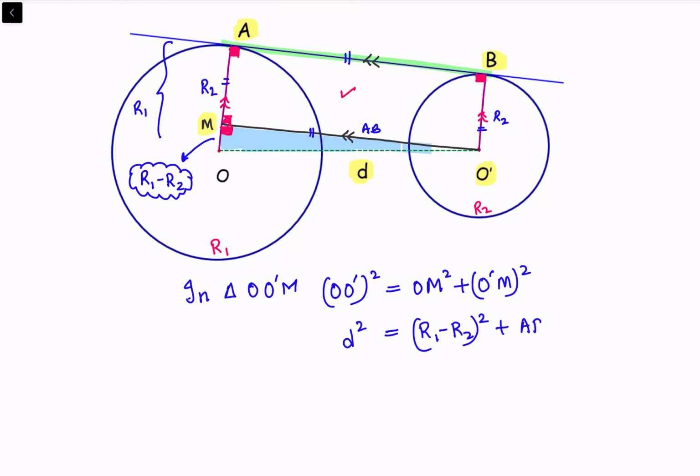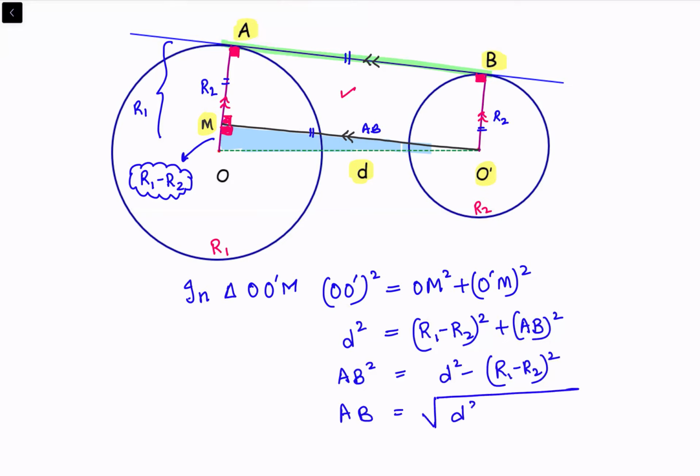So we'll say AB square is d square minus (R1 minus R2) whole square. And AB is the square root of d square minus the square of the difference of the radii, that's (R1 minus R2). This is the length of the tangent which we had to find, and that's our answer.